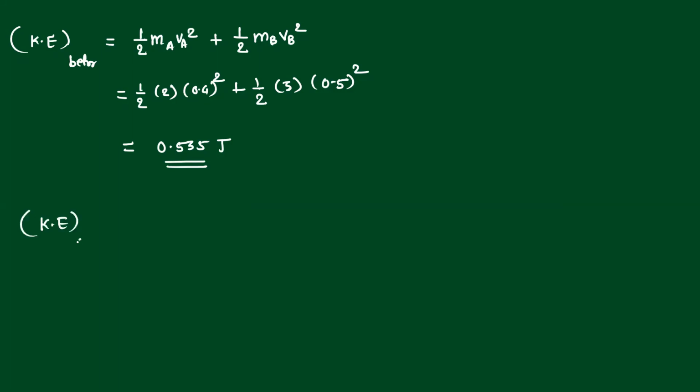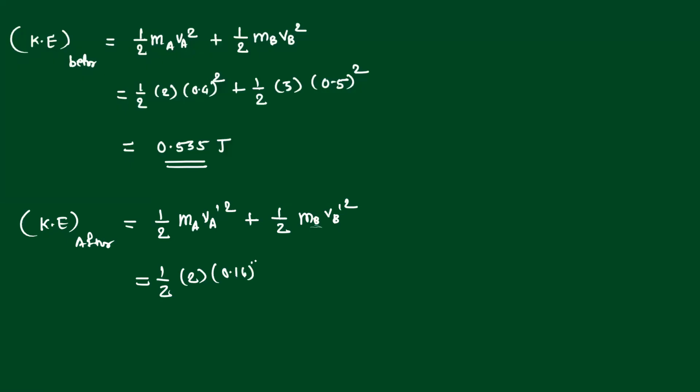After impact, the kinetic energy is equal to 1 by 2, the mass will remain the same, only the velocity will change. So half ma Va dash square plus half mb Vb dash square. So this is equal to 1 by 2, mass is 2 kg. For plastic impact, Va dash and Vb dash are both the same. So Va dash is 0.14 square, plus 1 by 2, mass of B is 3 kg, into 0.14 square.